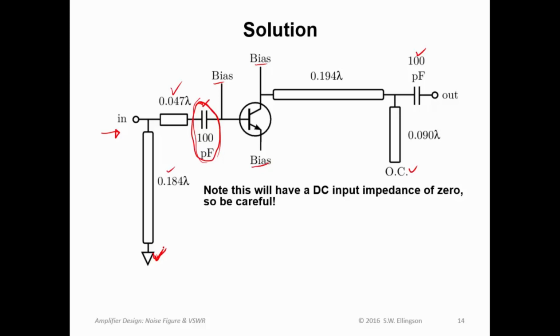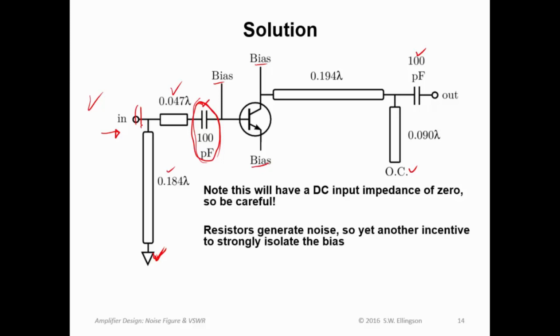So if there is some issue with whatever is to the left here seeing a short circuit at DC, then I'm going to have to put another blocking cap here or do something to protect that device at the input from the short circuit. So just keep that in mind. That may be a problem in the actual implementation.